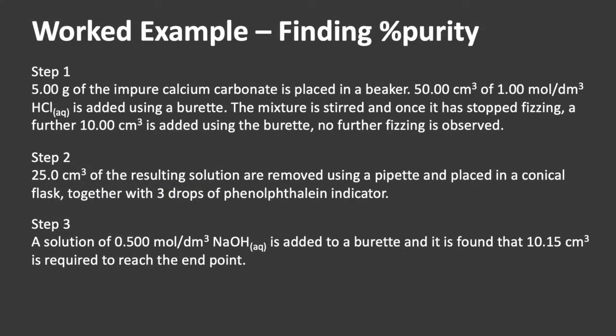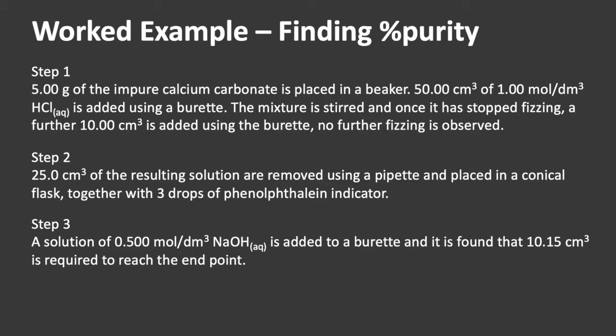The method that we're going to use, we're going to take 5 grams of our impure calcium carbonate, place it in a beaker, and initially add 50 centimeters cubed of 1 mole per decimeter cubed HCl. And we use a burette for that so that we can accurately record exactly how much acid we've added. Give the mixture a stir and let it stop fizzing.